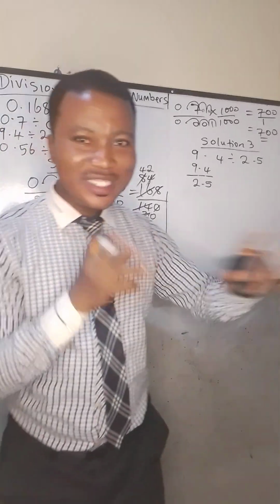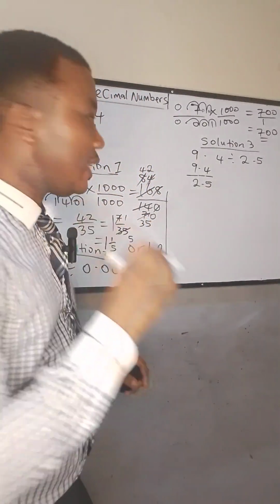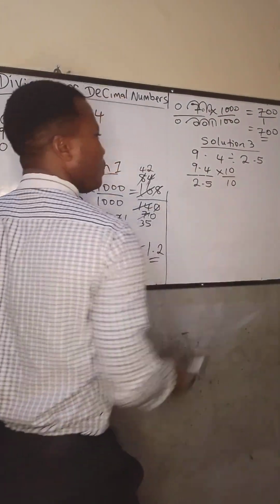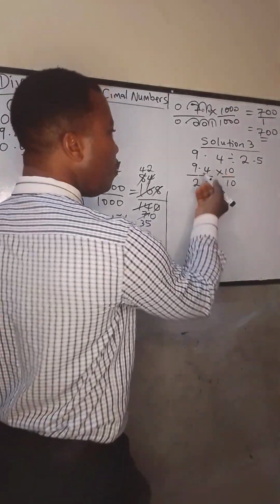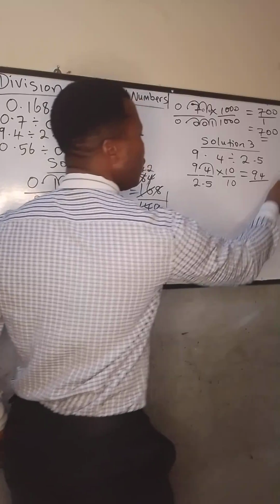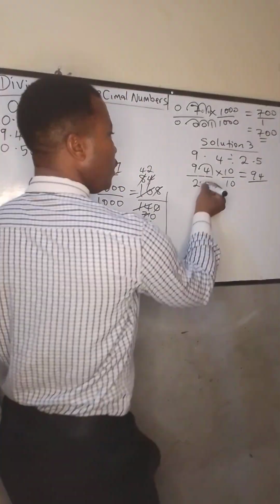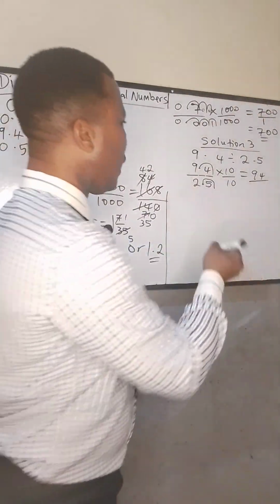So it will be times what? Just guess, times 10 all over 10, because it's 1 decimal. Now 9.4 times 10, 1, 0. So one move is out here, which is giving us 94 all over the same thing here, times 10, 1, 0. One move here is still what? It's out. So we now have 25.